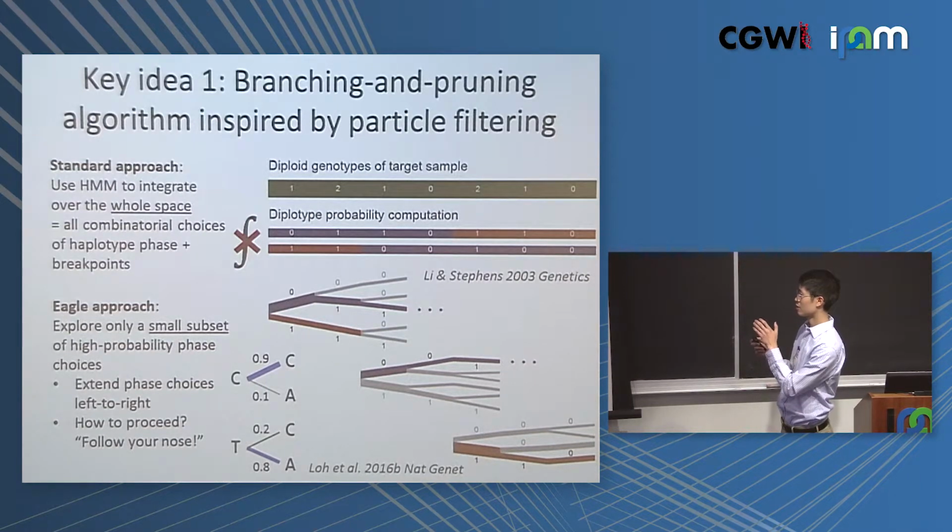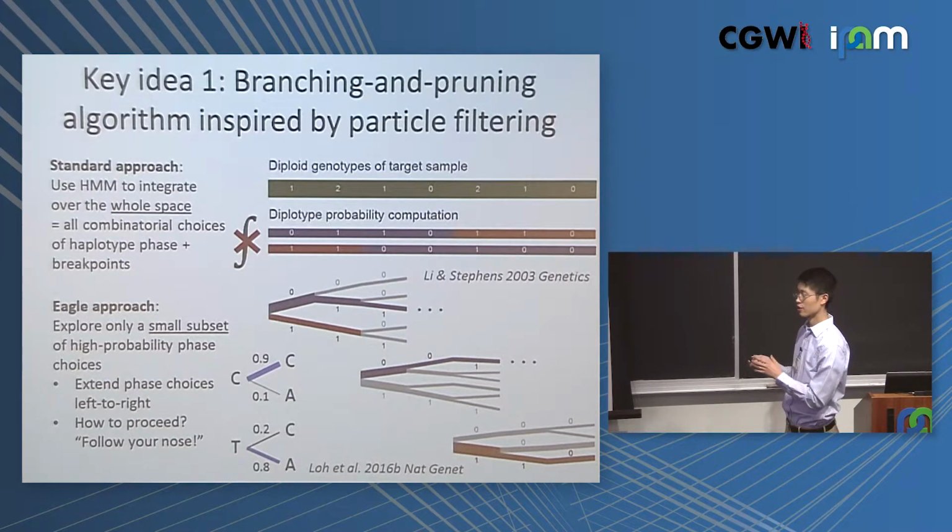So I've told you now that we can save a lot of computational time by homing in on the paths that we want. And a good way to home in on the paths that we want is to have a model of haplotype structure that starts at a given position and then expands from left to right.